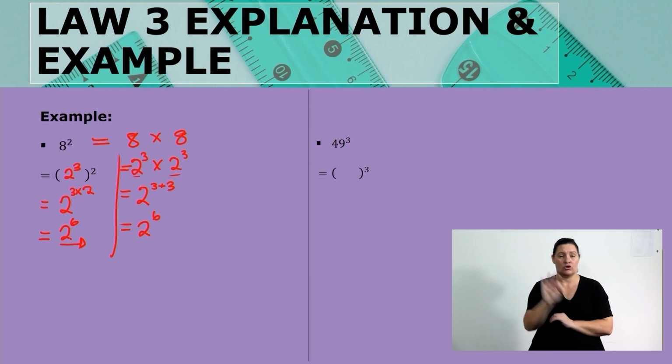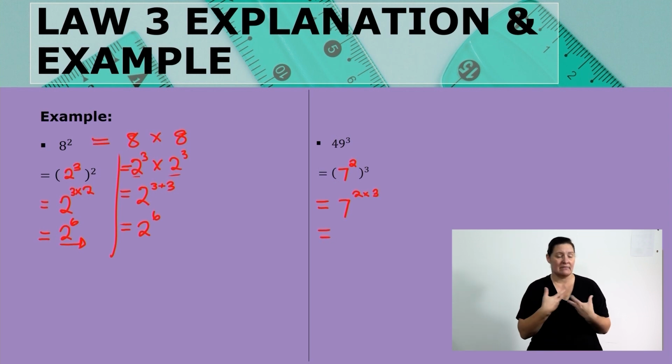Our next example is 49 to the exponent 3. So 49 can be written as 7 squared. And if we use our law number 3 here, we are going to say 7 to the exponent 2 times 3. And that is going to give us 7 to the exponent 6.